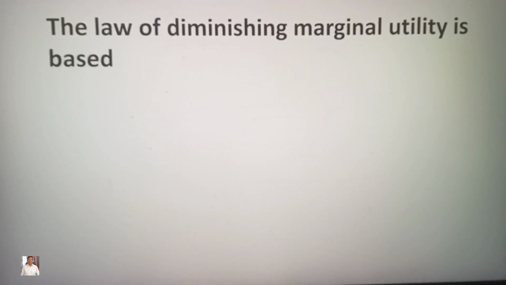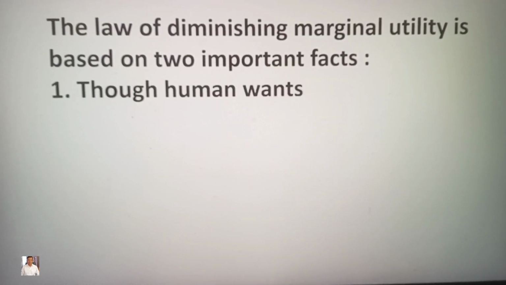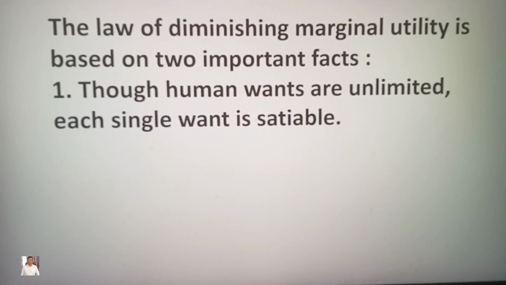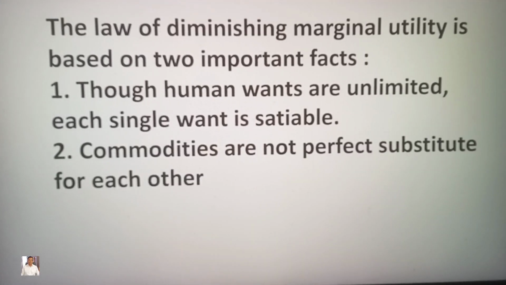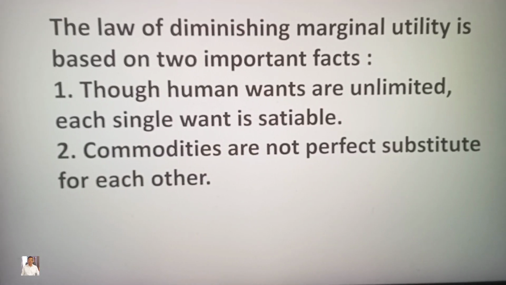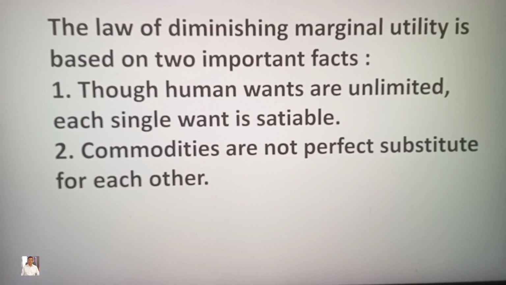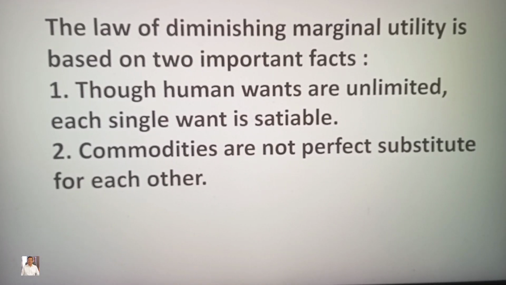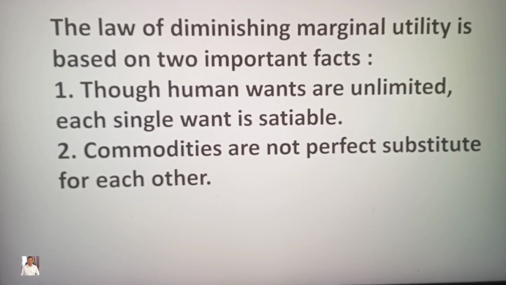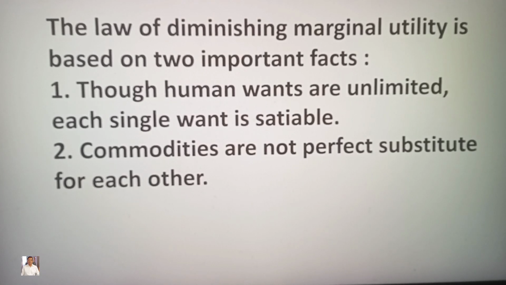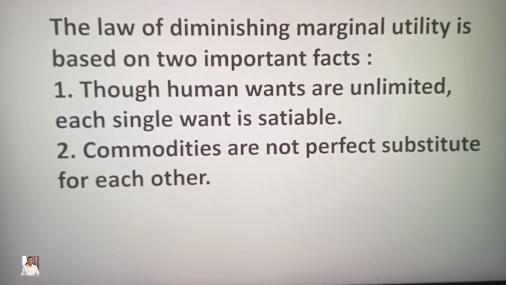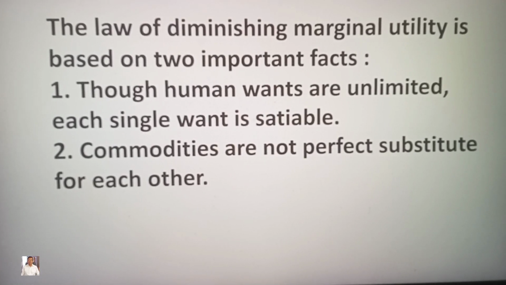The law of diminishing marginal utility is based on two important facts. Though human wants are unlimited, each single want is satiable. Second, commodities are not perfect substitutes for each other.